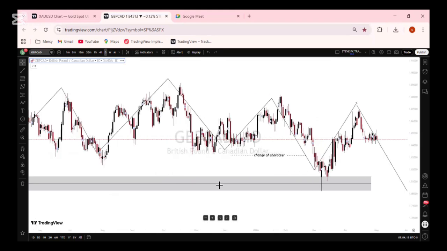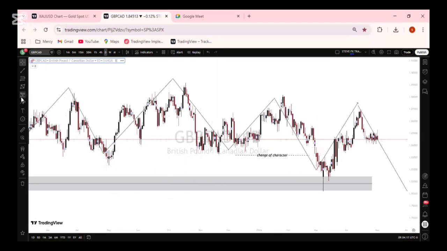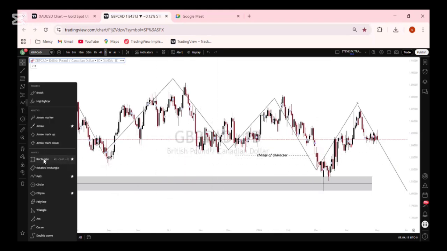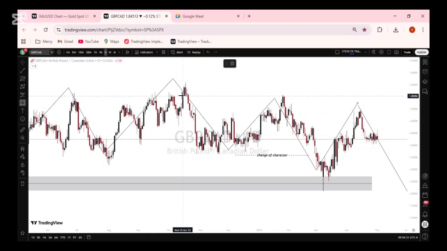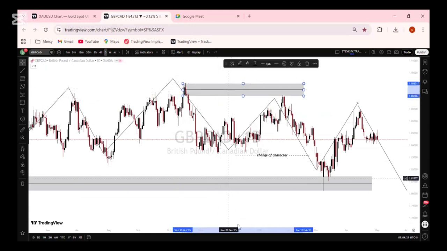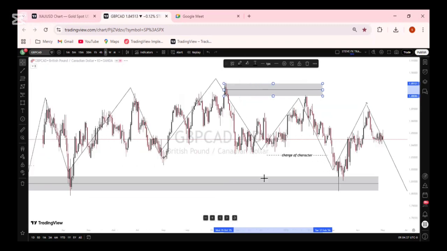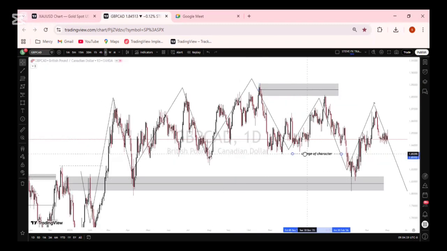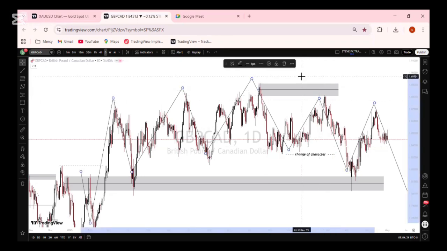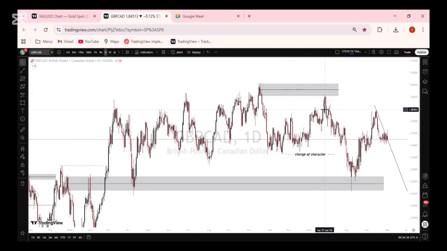So when we come to the daily time frame, just as we are analyzing, we saw that market reacted to this particular order block, causing this change of character at this zone, which caused this change of character at this particular zone.